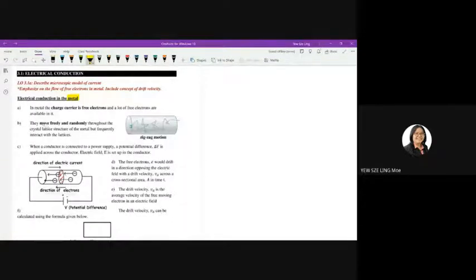So they move freely and randomly. Now, this is very important. Before you apply an electric field across the metal, or the wire, all these electrons move freely and randomly, meaning that they have no fixed direction. If you look at this diagram, it says zigzag motion. Basically it tells you it moves randomly.